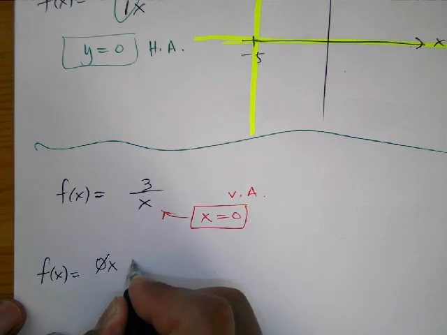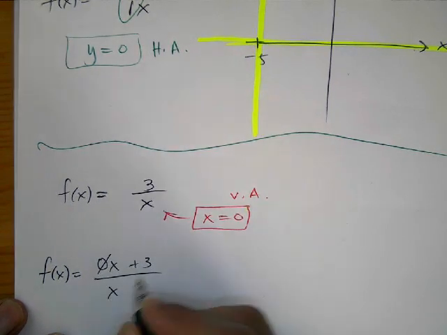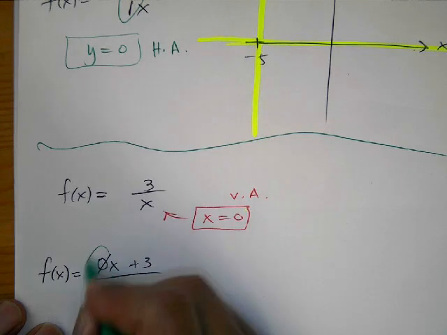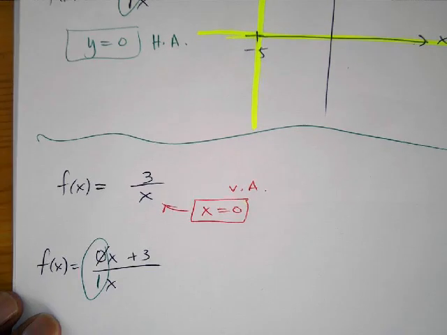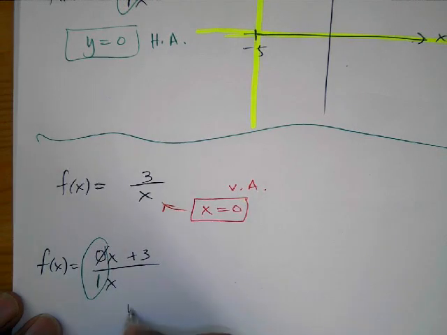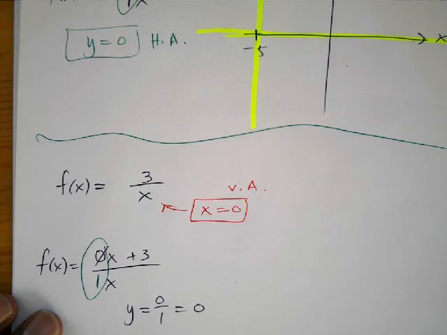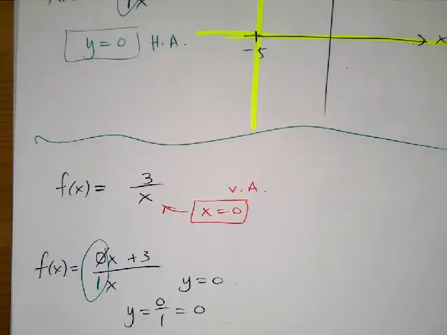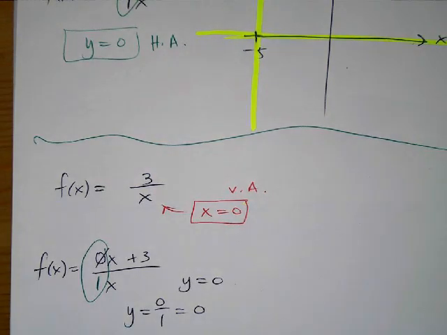Remember, we're just looking at the coefficients in front of the x, but there's no x here. This is 0x plus 3 over x. If I just look at this, that 0 over 1, that's going to be y is equal to 0 over 1. Well, 0 over 1 is 0. That's y is equal to 0.